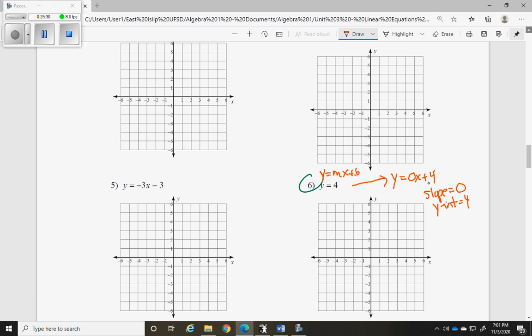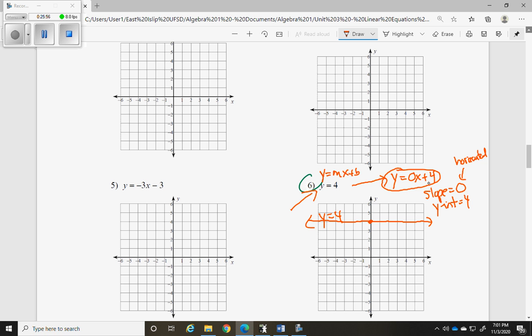And yesterday we talked about zero slopes. Zero slopes are always horizontal lines. So if the y-intercept is 4 and it's a horizontal line, this is what I draw. This is the equation y equals 4. Now, to be honest with you, I usually don't write it with this 0x plus 4.